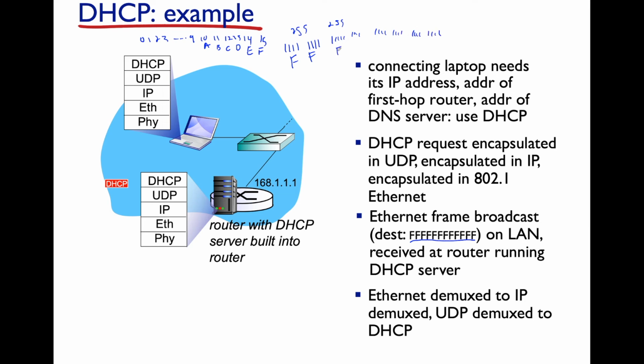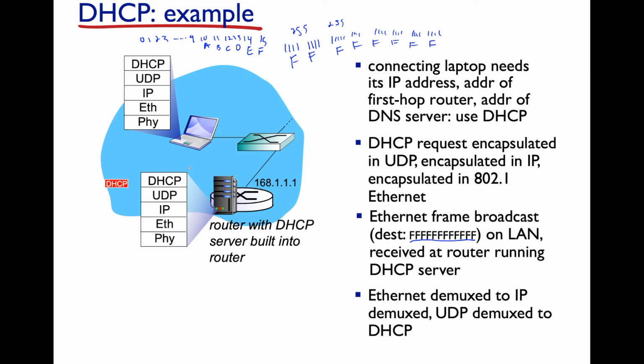We have F, F, F, F, F, F, and lastly F, F. Okay? So that's the address for broadcast. It's all Fs in hexadecimal.